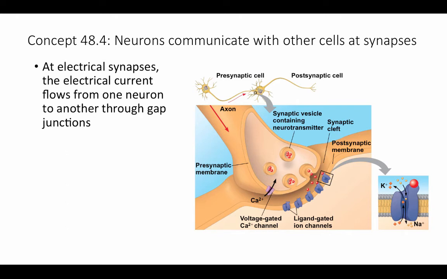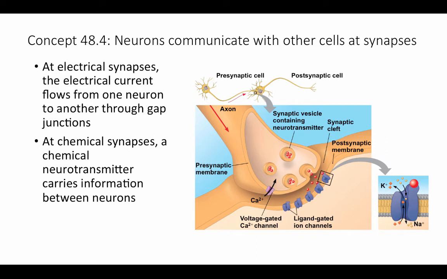This happens in situations where a very rapid and very coordinated response is needed, and it's relatively rare. Most synapses are chemical synapses, in which a chemical neurotransmitter carries that information between neurons through the small space in between called the synapse. So most synapses are going to be of this type, a chemical synapse. These are the ones we're going to examine in detail.